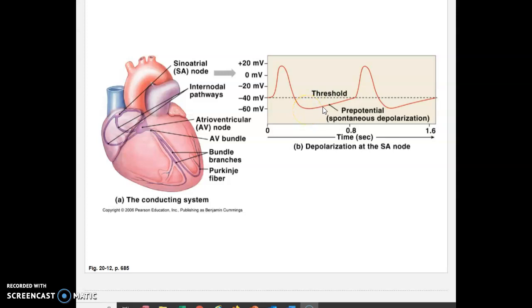And this is a gradual buildup due to the sodium leak channels allowing sodium to leak in, and since sodium's a positive ion, it starts building up the voltage from a more negative to a less negative number. And -40 would be what we would call threshold, because once sodium leaks in to threshold, that opens up fast calcium channels and calcium rushes in.